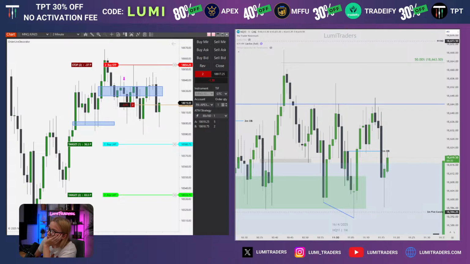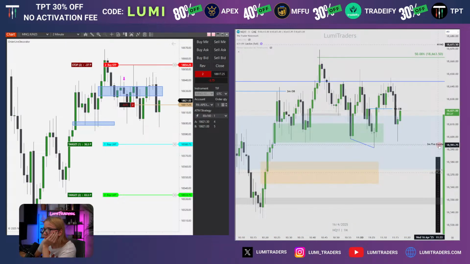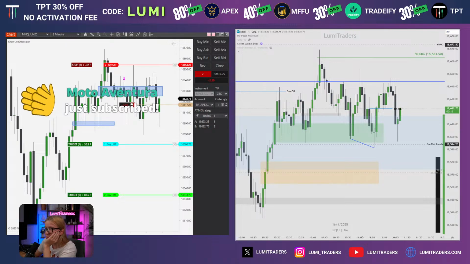ES took New York midnight open, and Q failed. Doesn't want to. Actually, ES retraced, not a lot, because it's choppy right now. Anyway, going to sit in this. Not a big deal.